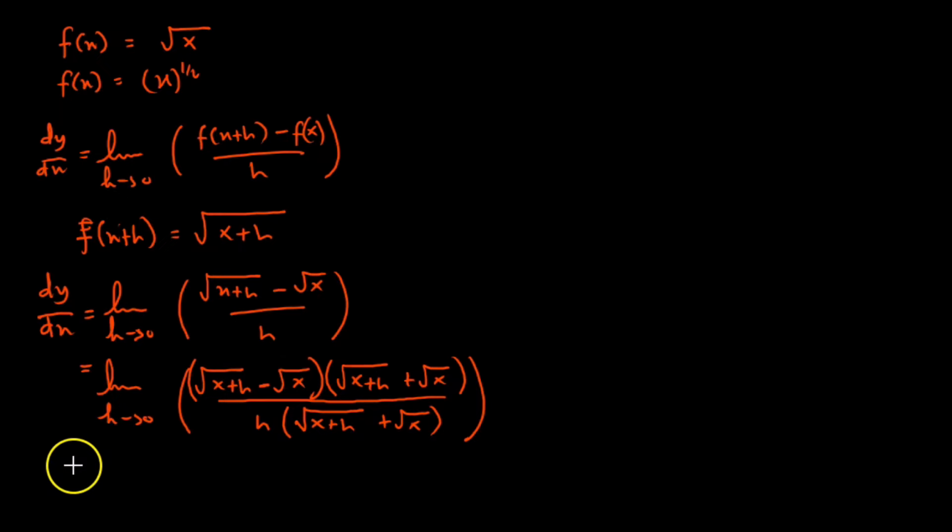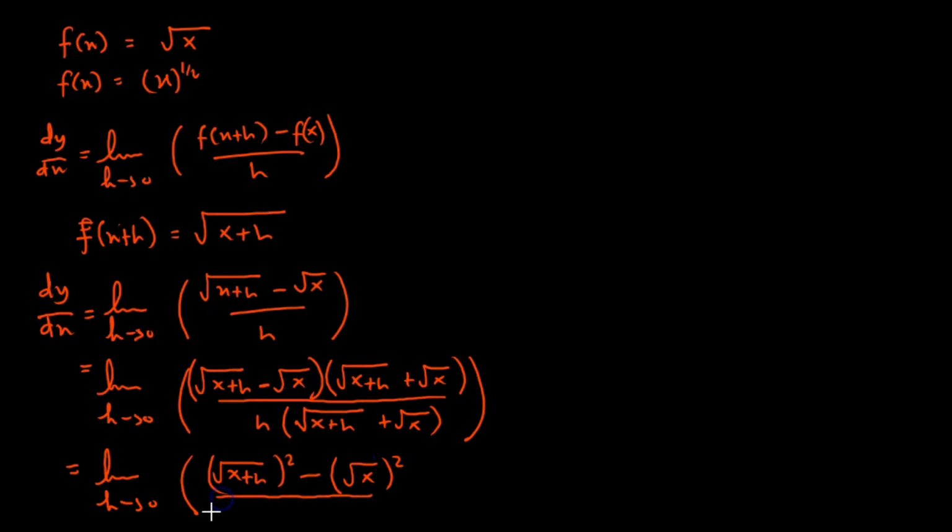Now, going further, we are still having limits as h approaches 0 for the numerator becomes difference of two squares. So that is going to give us square root of x plus h all squared minus square root of x all squared, all divided by h into bracket square root of x plus h plus square root of x. I hope it is clear.